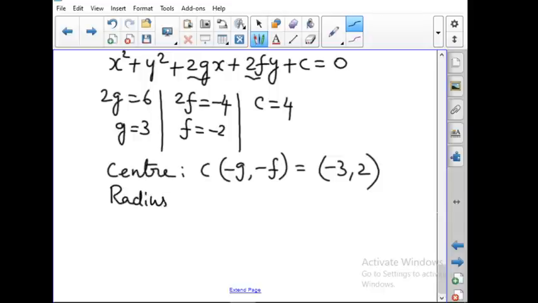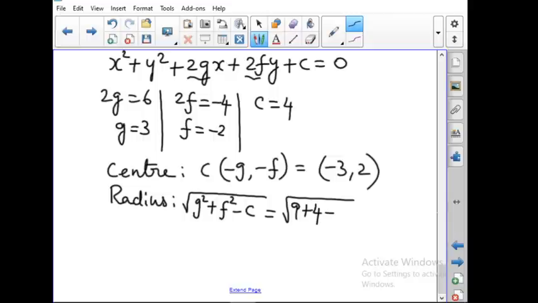What is the radius formula? It is root of g square plus f square minus c. So that is equal to root of g square 9 plus 4 and c is minus 4. It is equal to root 9, that is equal to 3.